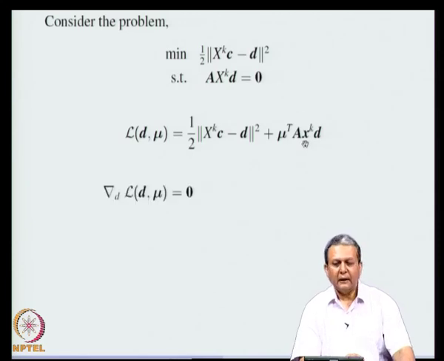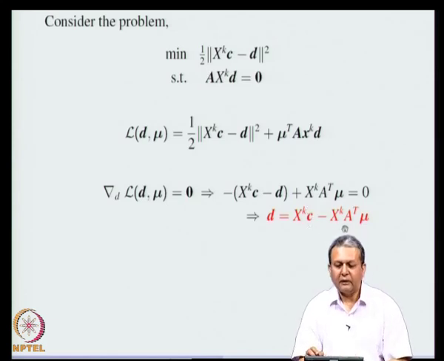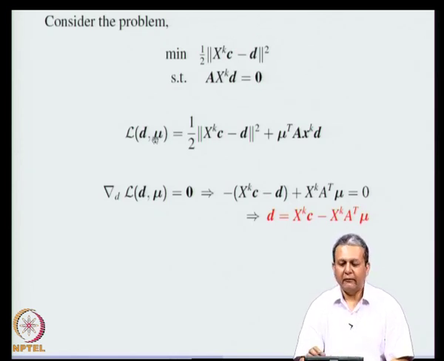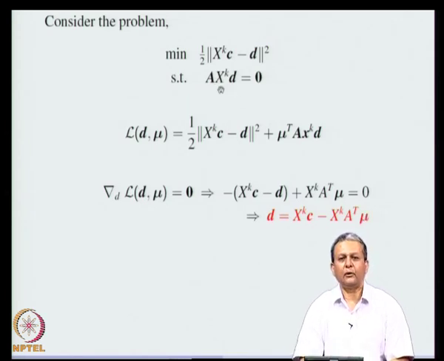So, getting the gradient of the Lagrangian with respect to d and setting it to 0, what we get is minus xkc minus d plus xk transpose a transpose mu equal to 0, and this gives us d to be xkc minus xk a transpose mu. Now, remember that d and mu are the variables, and we have d written in terms of mu. Now, this d also should satisfy the feasibility, so axk d equal to 0.